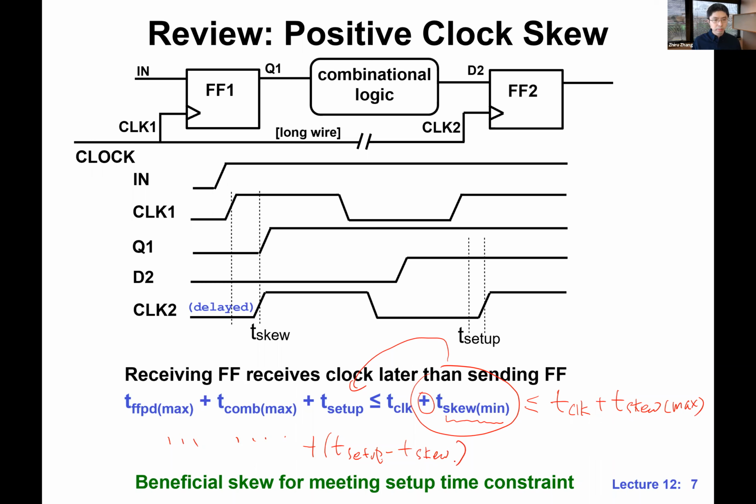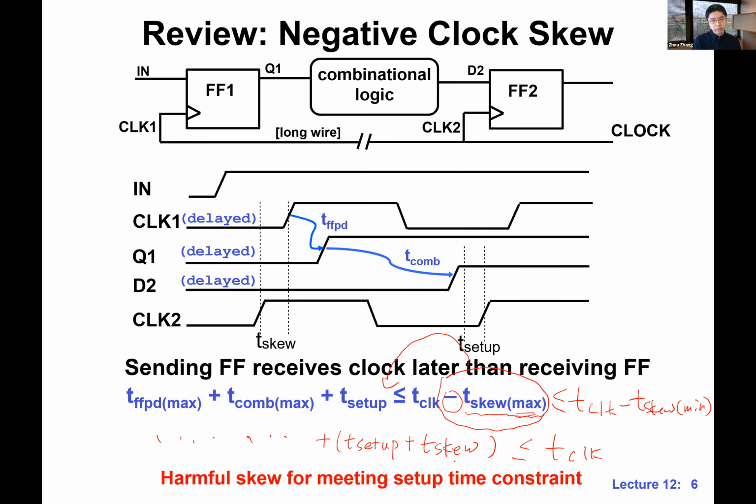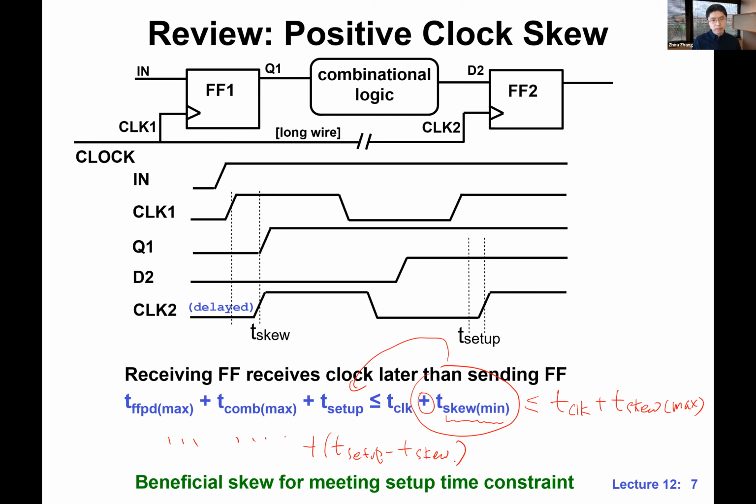That's why it's beneficial. Of course, the other way to look at this is, in the previous case, effectively the clock width is narrower, and in this case, the clock width is wider. That's also good for meeting the setup time constraint.